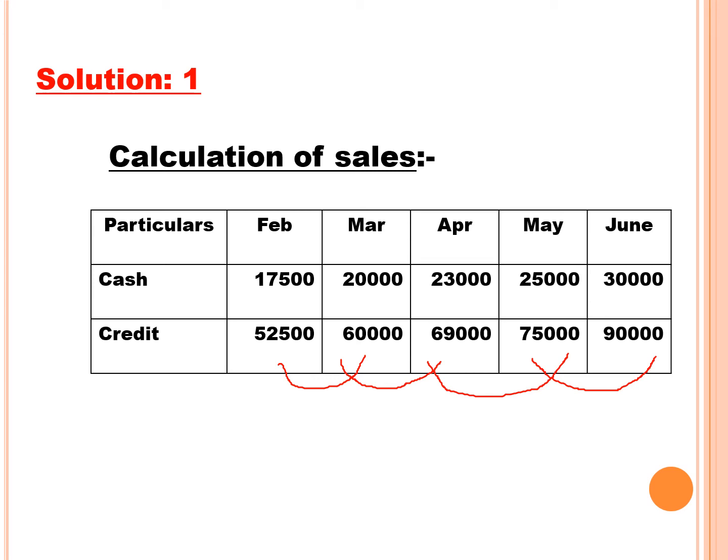So what amount will you receive in the month of April? Listen carefully. You receive 23,000 plus March month 60,000. Similarly, May you receive 25,000 and 69,000. Similarly, June you receive 30,000 and 75,000.